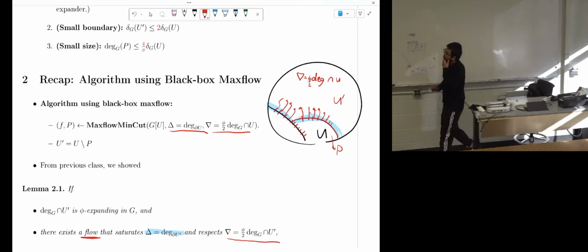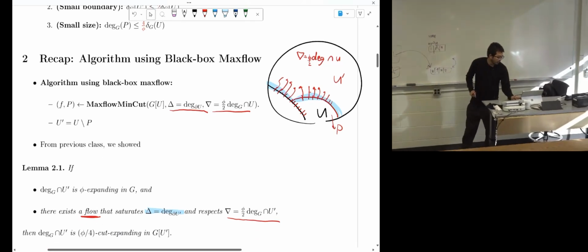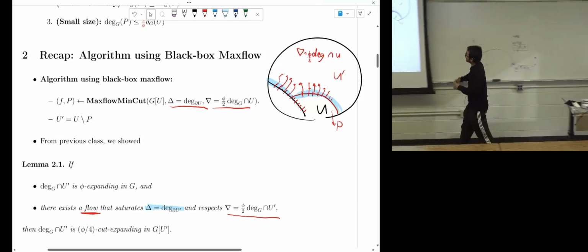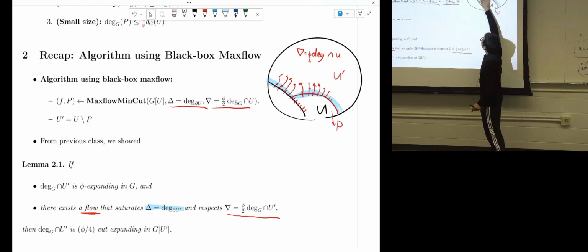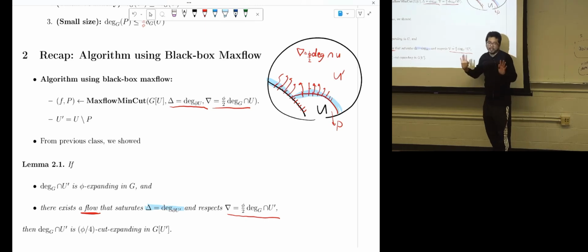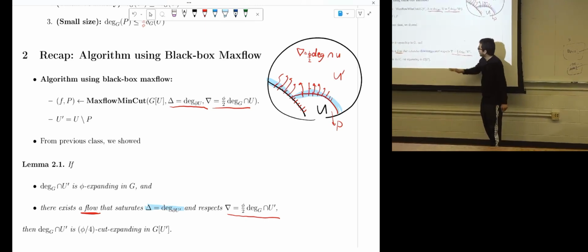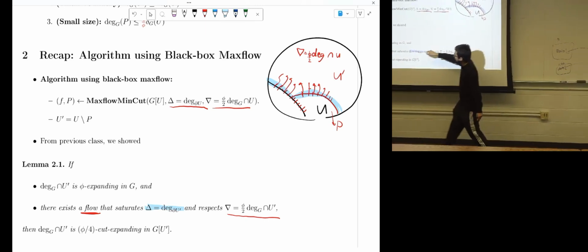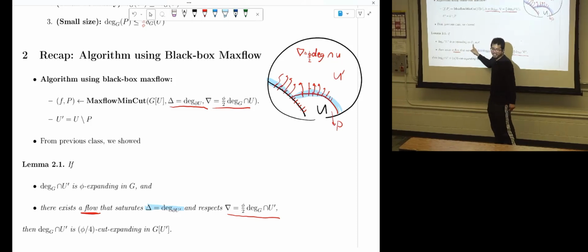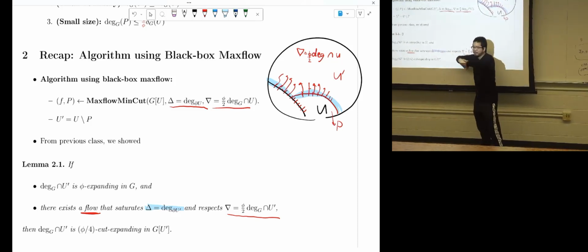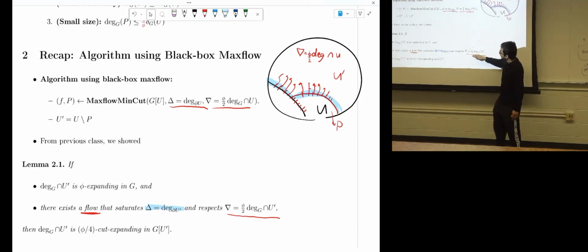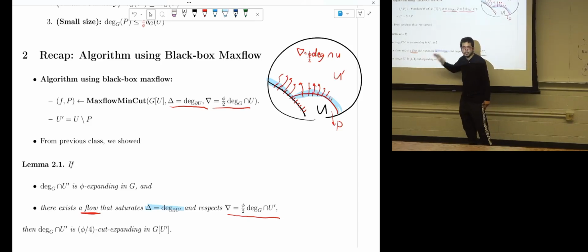So we prove that if we get the flow such that you can send from the battery, saturate the battery, and to the degree of this part, then you're done. This is what we prove. If it used to be expanding in G before, and we get that from the battery we can saturate the battery to this sink, then this is done.